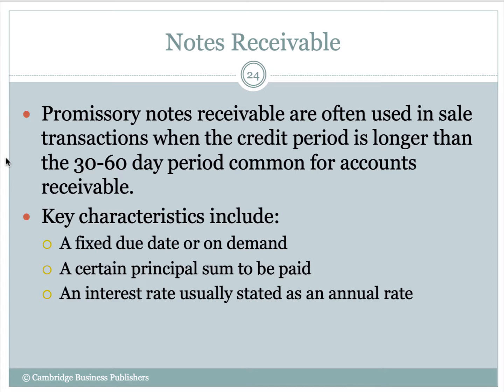Usually within the promissory note, there's going to be a fixed due date, meaning within 120 days you're going to pay me for this merchandise that I sold to you, or we might see on demand. And then there's always going to be some certain principal amount that needs to be paid on this note.